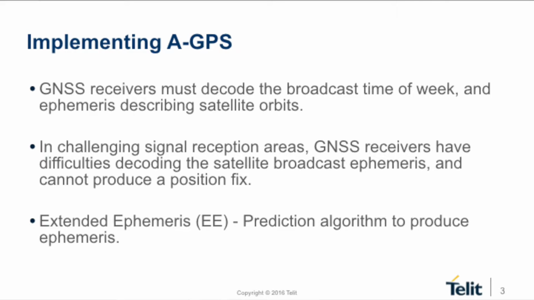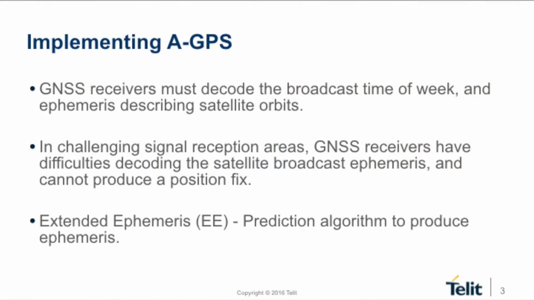So one thing the AGPS helps is it generates ephemeris predictions. Ephemeris contains the coefficients for the orbits of the satellites, and they're broadcast from the satellites and updated every 4 hours. With the extended ephemeris, you have a 1-day model, or 3-day model, or a 7-day model, and in some cases up to a 14-day model that could be used.